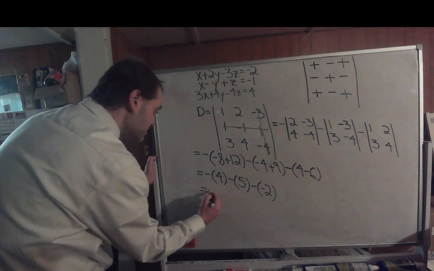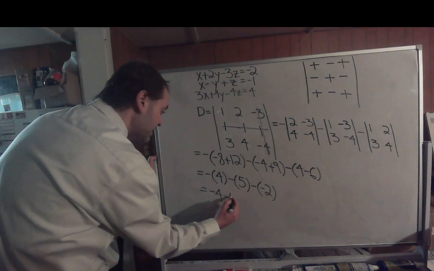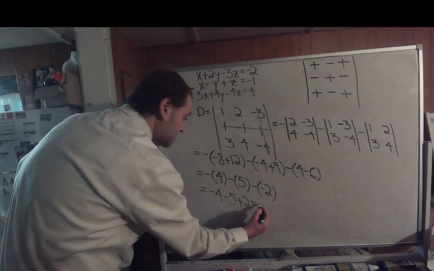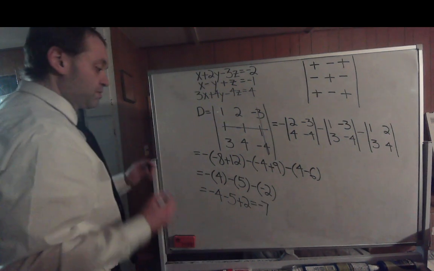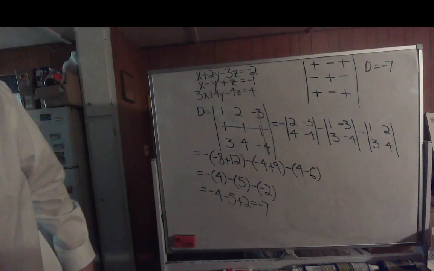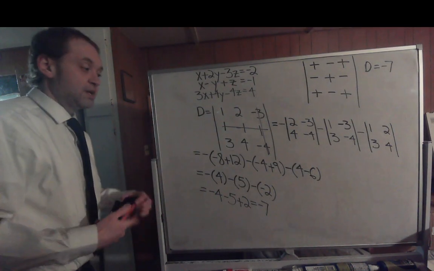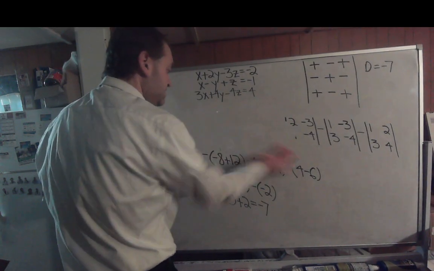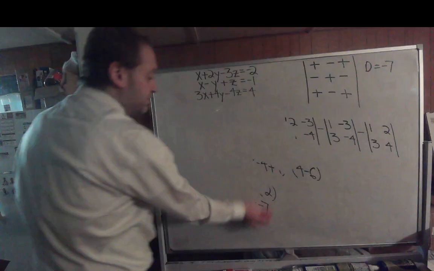So this is going to turn into -4 minus 5 plus 2, which would end up giving us -7 for the value of D. So D has a value of -7. So now we have found the value of our coefficient determinant. Now we can go on to solve for D sub x, D sub y, and D sub z, which will give us the value of the variables x, y, and z.